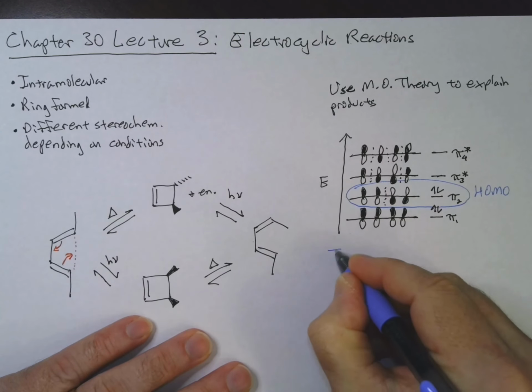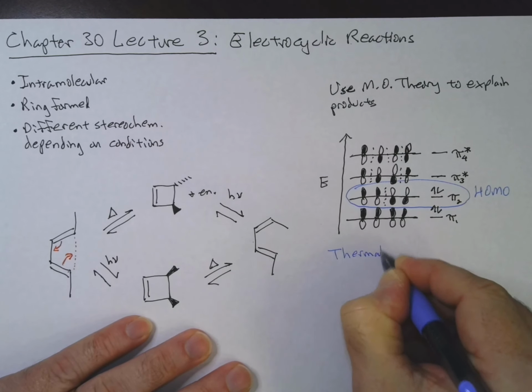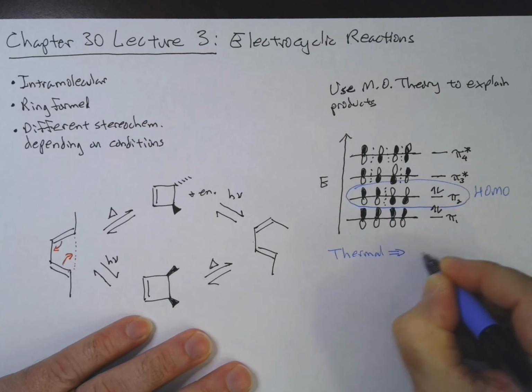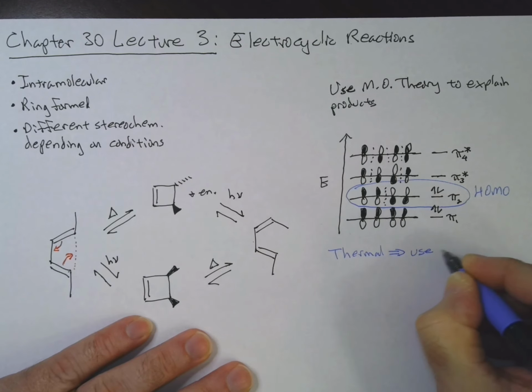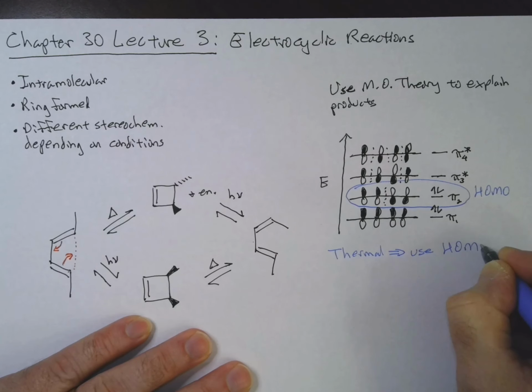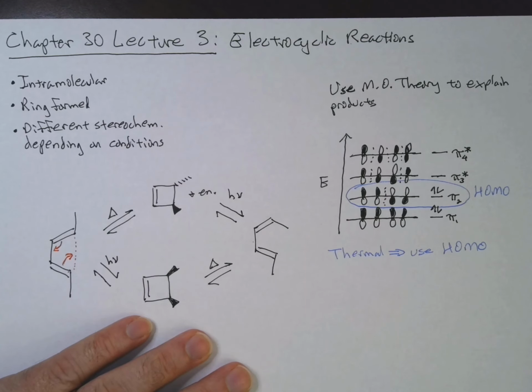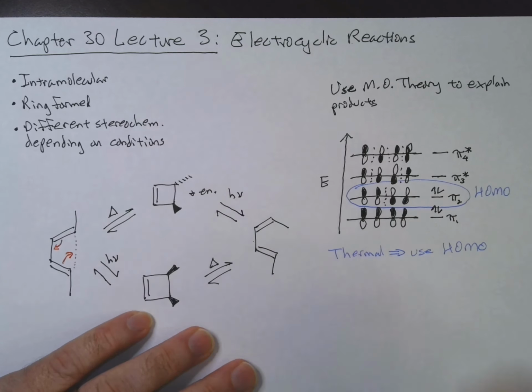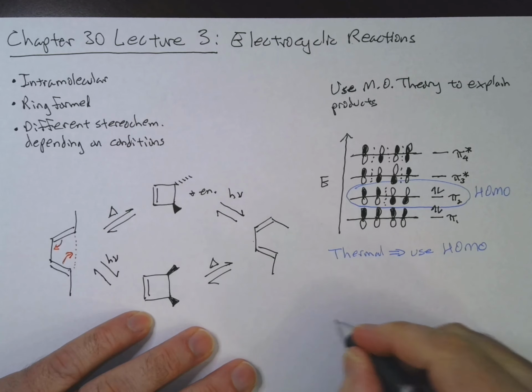And under thermal conditions, we'll use the orbitals in the HOMO, the highest occupied molecular orbital. So I'm going to redraw this as follows.